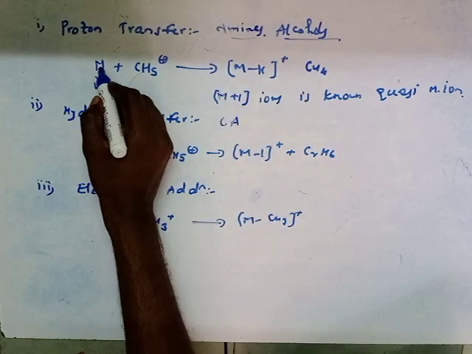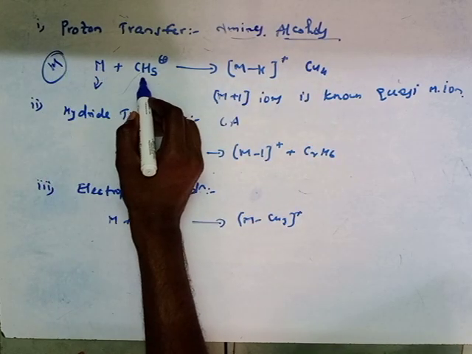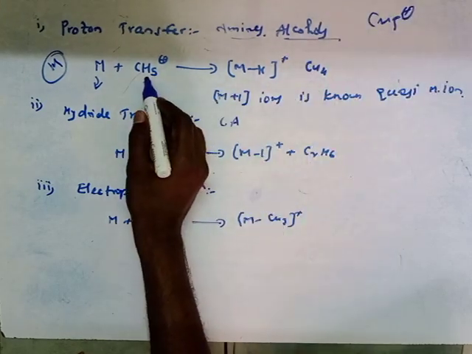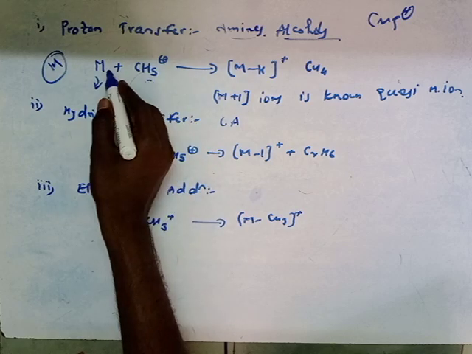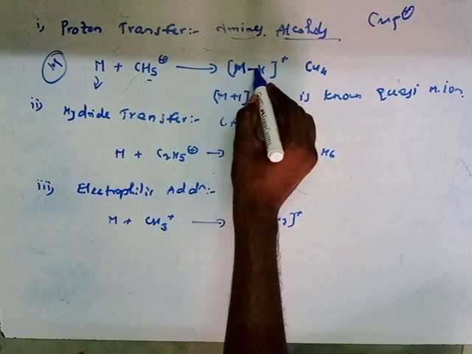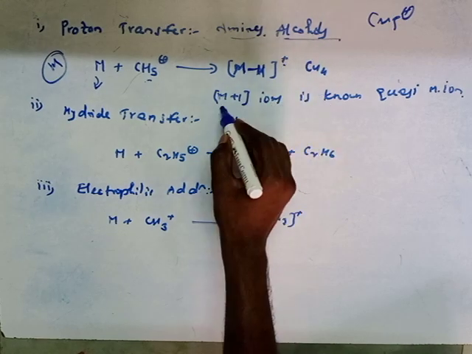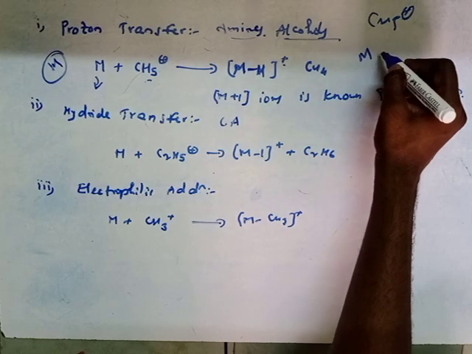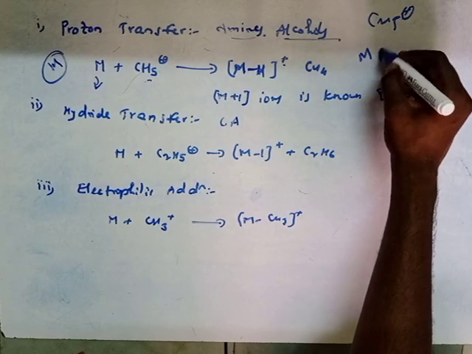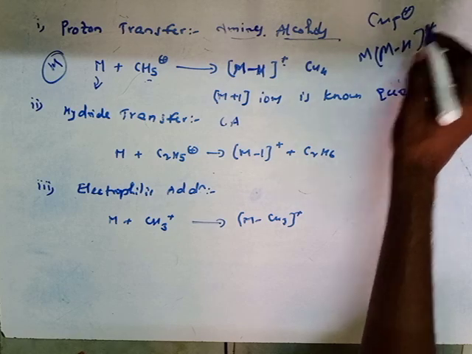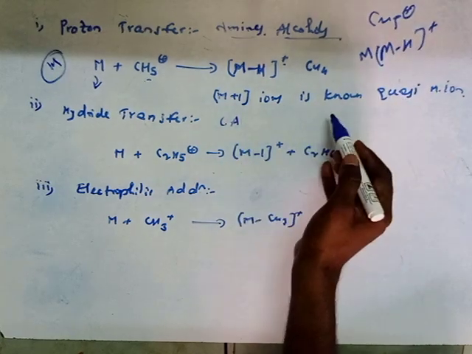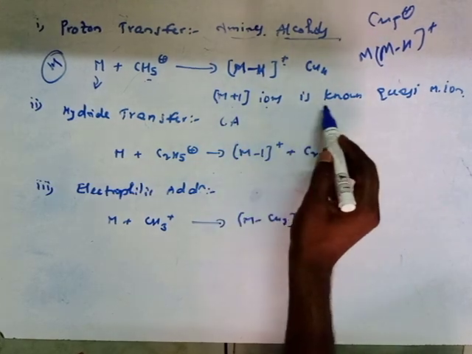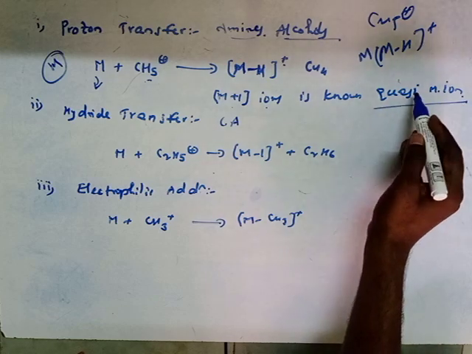Here our sample M reacts with the secondary ion, that is CH5 plus, which is unstable, and it gives a proton to the sample, converting it into MH plus, that is an M plus 1 ion peak, where M is the molecule. This M plus 1 ion is known as the quasi molecular ion.